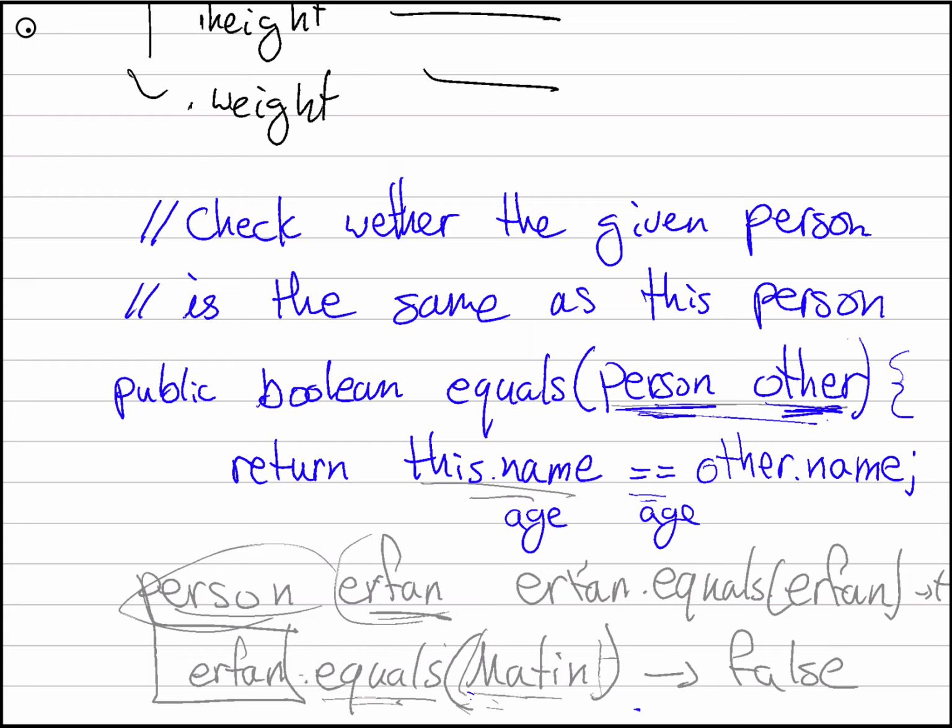But you want to check for everything. You want to check weight, height, and age. So instead, you use the AND operator, two ampersands. And you would do the same thing here, where you do this.age equals other.age.